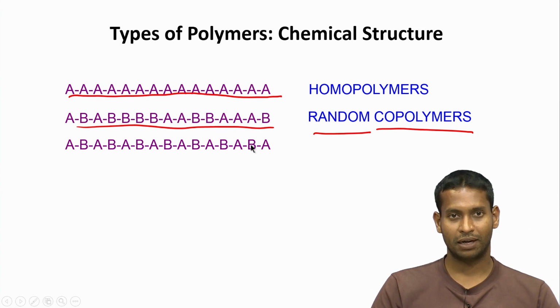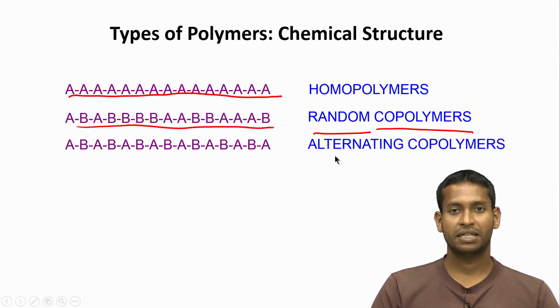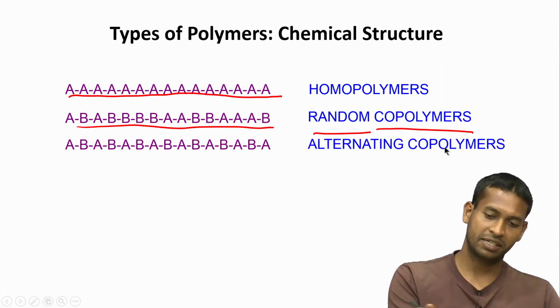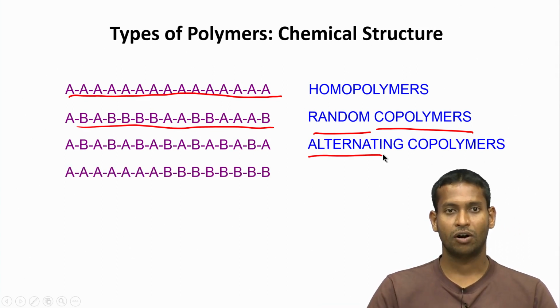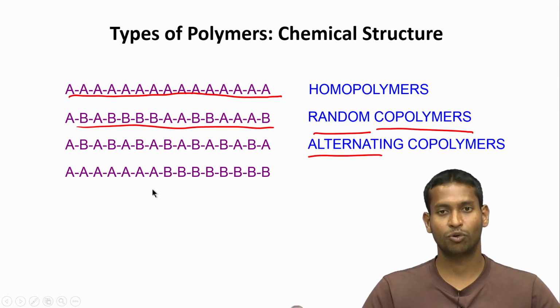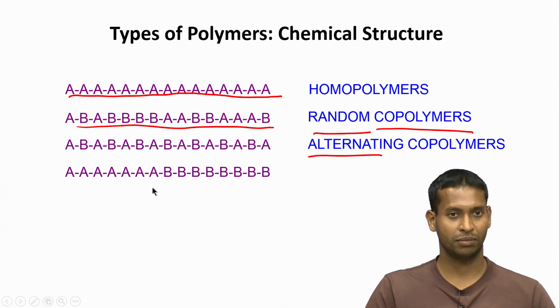A similar class is depicted here, where there is some sort of organization between the two monomers in the polymer. These are AB, essentially meaning that these are alternating copolymers. This time they are not random, but alternating. Or you can have polymers which are segregated, with all the A's on one side and all the B's on the other side.